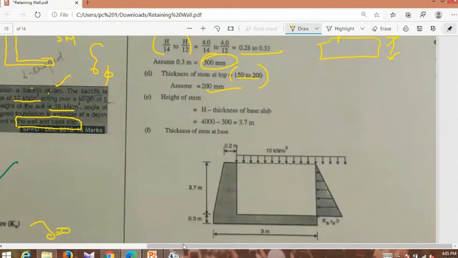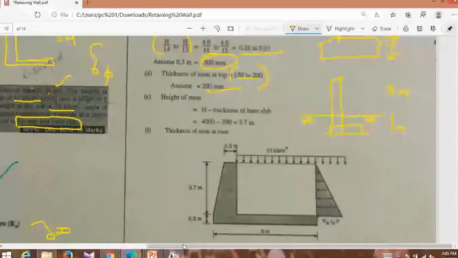Then we want to determine the height of the stem. This was the ground level. This is 1 meter. This is 3 meter. But we had a foundation like this here. Therefore, total height was 4 meter.